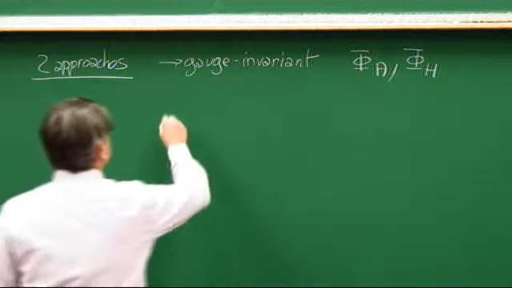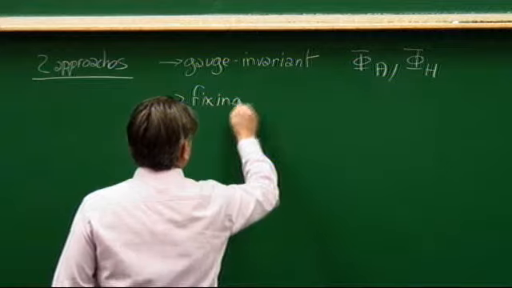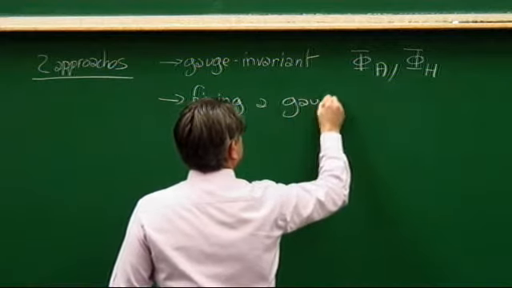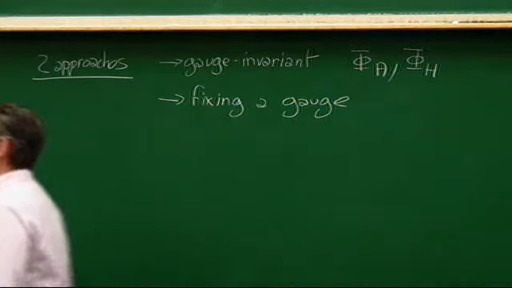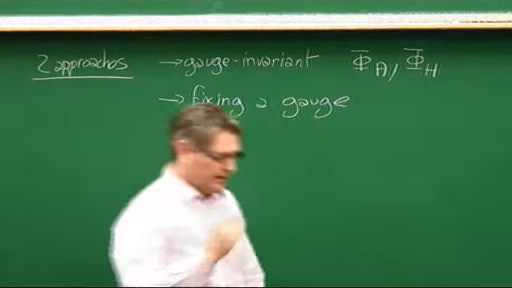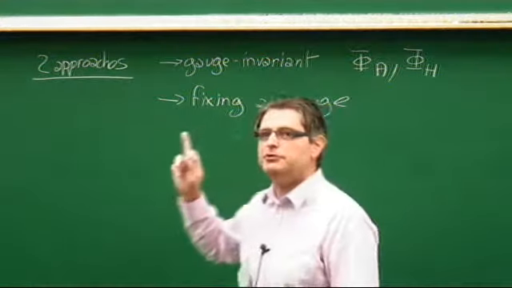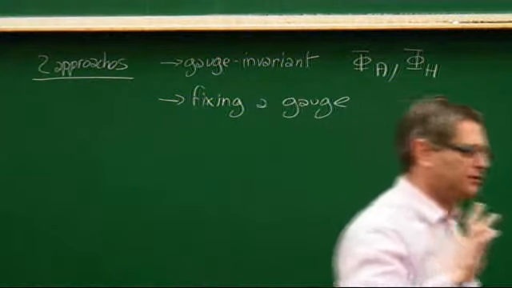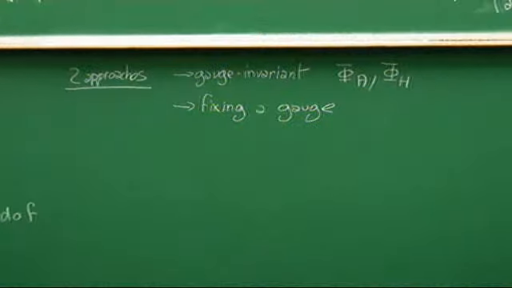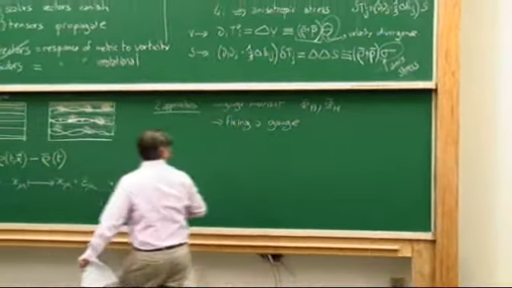The second approach is much simpler. It consists in fixing a gauge. And by this we mean fixing, not exactly a definition of time, but a time slicing. Take a prescription which fixes a unique time slicing. Usually this amounts to cancelling 2 degrees of freedom in the metric perturbation, but it's a bit more subtle sometimes. The real way to fix a gauge is to be sure that you cannot change this time slicing.